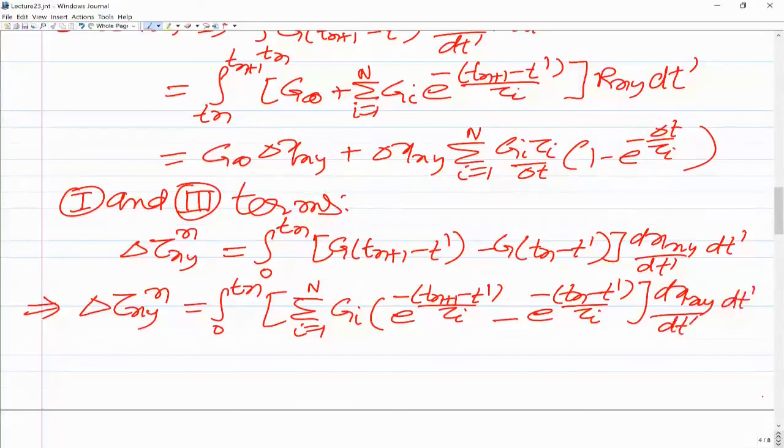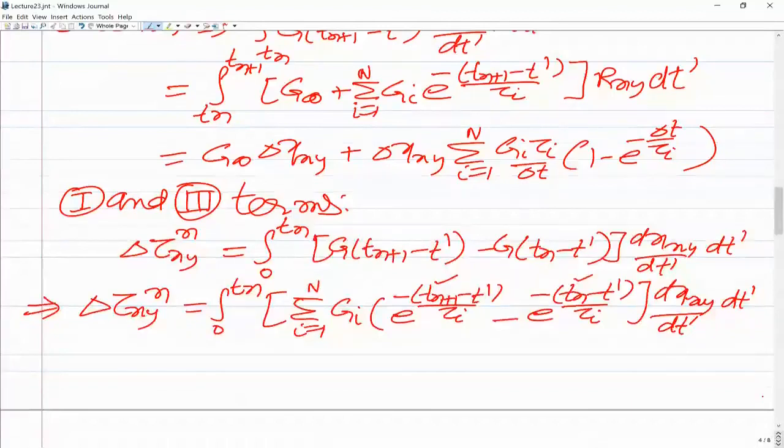Now in this we have tn plus 1 minus t dash, and here we have tn minus t dash. We know that tn plus 1 is tn plus delta t.